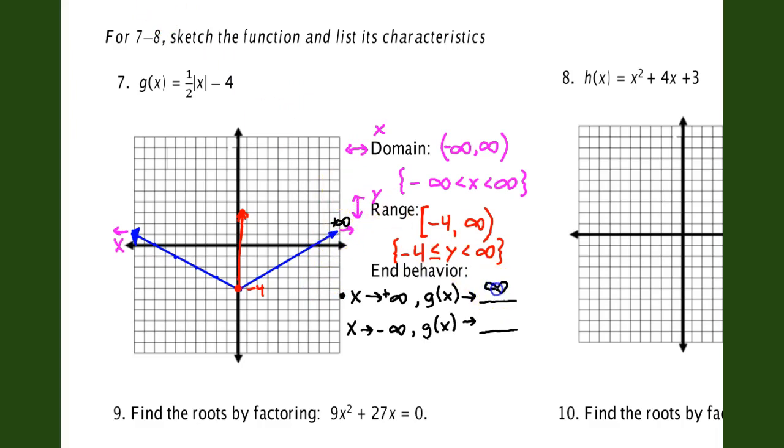So this is going to be positive infinity. And same thing on the left-hand side for the bottom here. As x gets very, very small, keeps on going this direction forever and getting smaller and smaller, the y value is still going to be going up because this arrow seems to be going an upward trend. So both of these are going to be positive infinity.